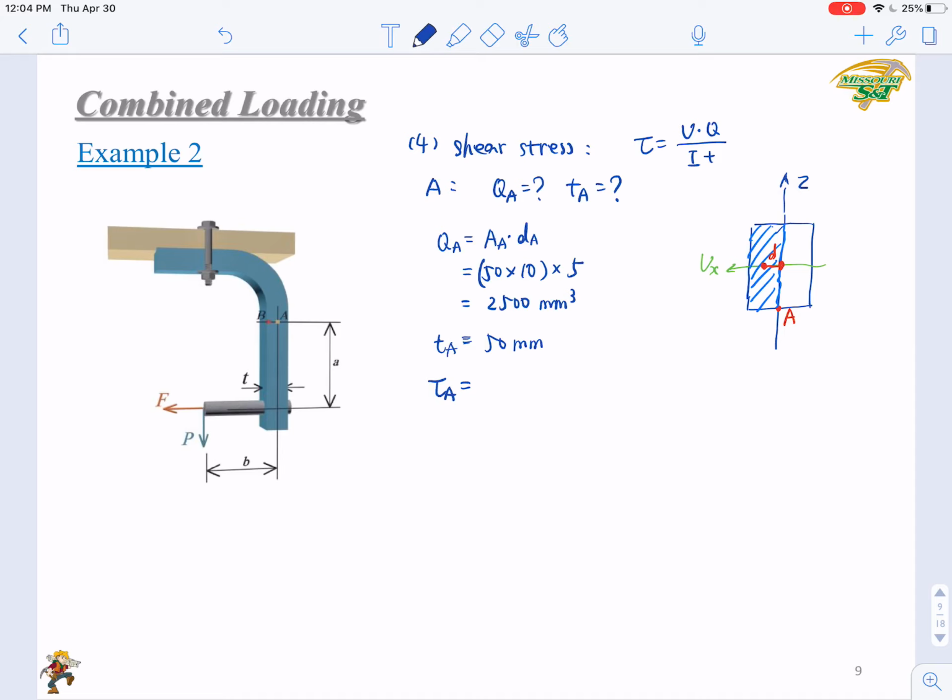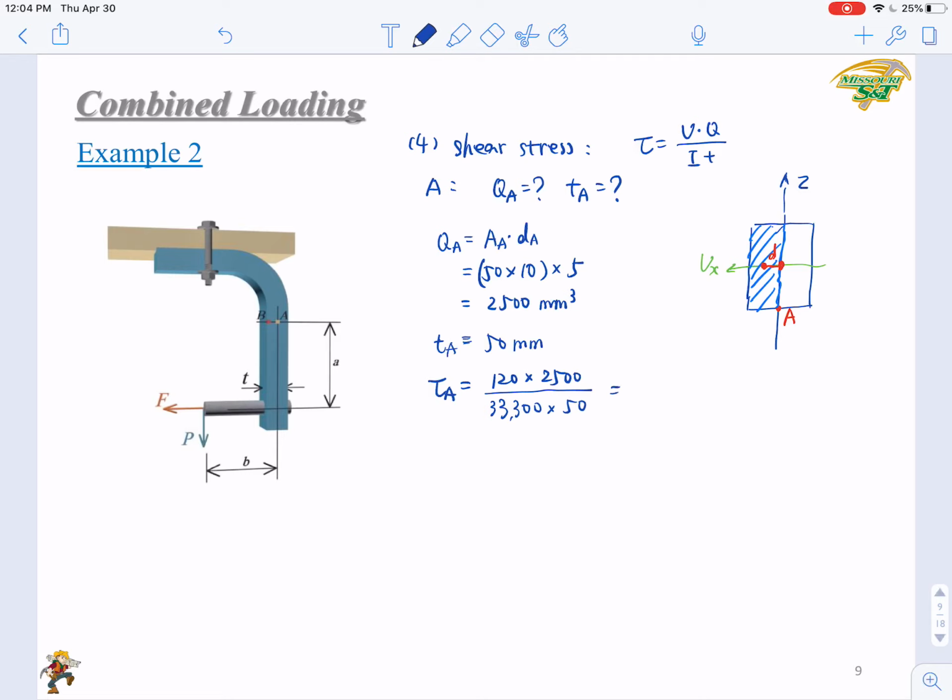The V is 120, Q is 2,500, I is 33,300, and t is 50.